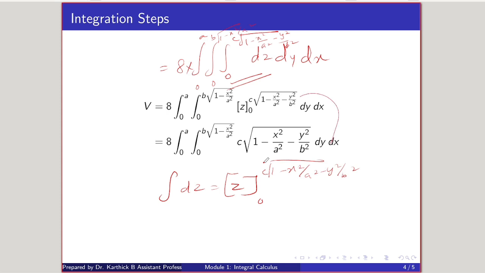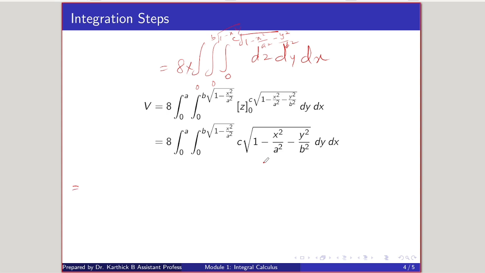This is the step we have evaluated, and then we will substitute the limits, and we get this step. After this, how do we solve the remaining? Let me do this. 0 to a, then again the limit 0 to b times the square root of 1 minus x square by a square.